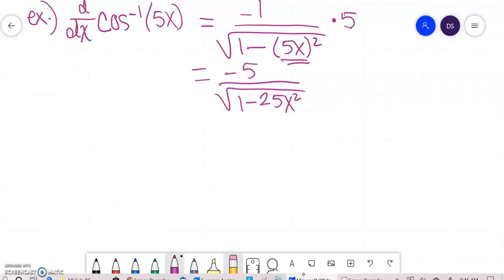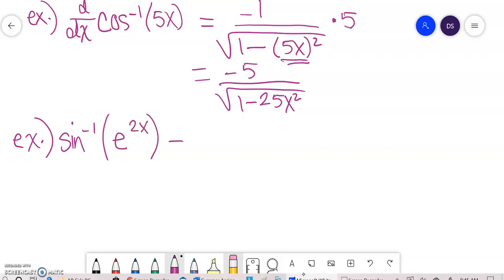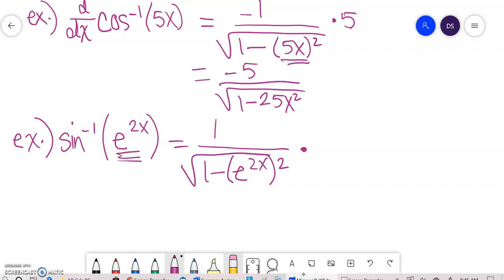So let's look at an inverse sine and an inverse tangent before we say goodbye. So let's say we had, oh, you know I love me some e's. If we had inverse sine of e to the 2x, I'm going to do 1 over the square root of 1 minus the function squared, times the derivative of this function.